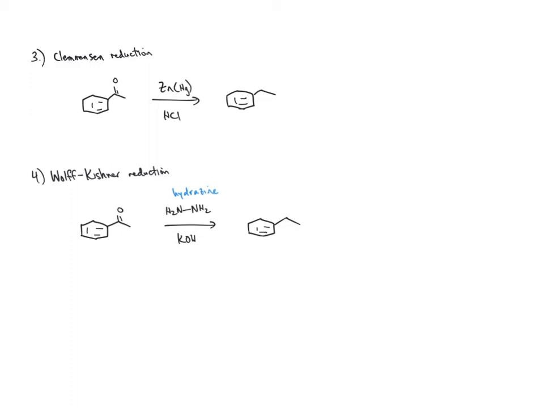Now, another direction you could go is the opposite direction. So what if you wanted to take an alkyl chain and convert it into something that's highly oxidized? Well, you can do that via an oxidation of alkyl chains. So let's talk about that. All right. So this isn't exactly a name reaction, but I'll put it in the list. Okay. So oxidation.